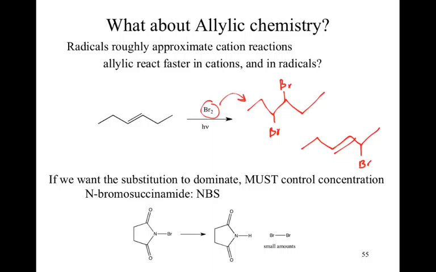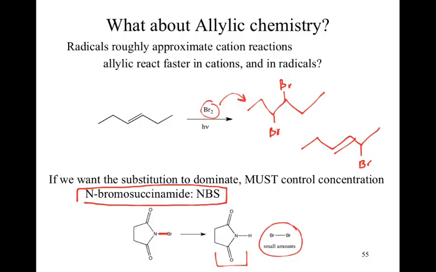So to limit its presence, we can control it a little bit, and that's where we can use the species N-bromosuccinimide. NBS still generates that very weak, polar bond between the nitrogen and the bromine. NBS will react with other NBS molecules to form our succinimide molecule, as well as very small amounts of Br2.